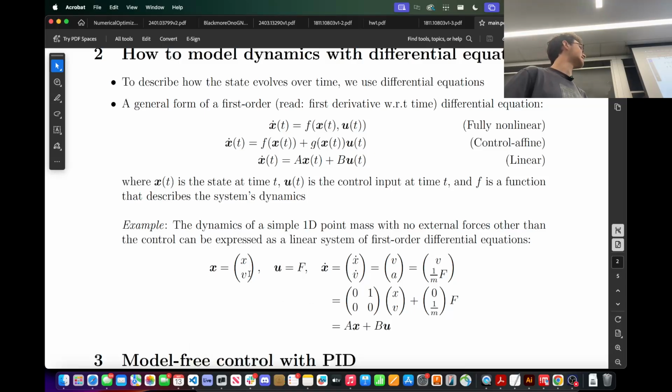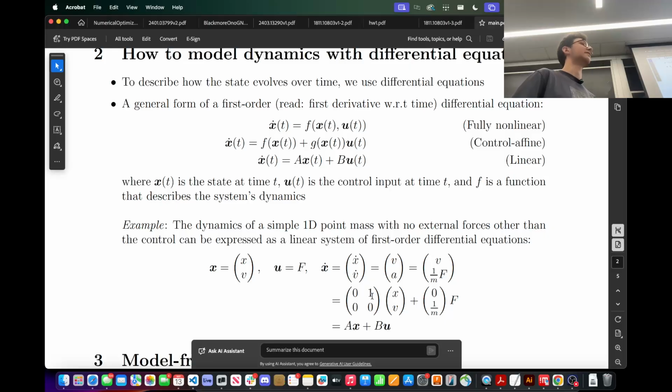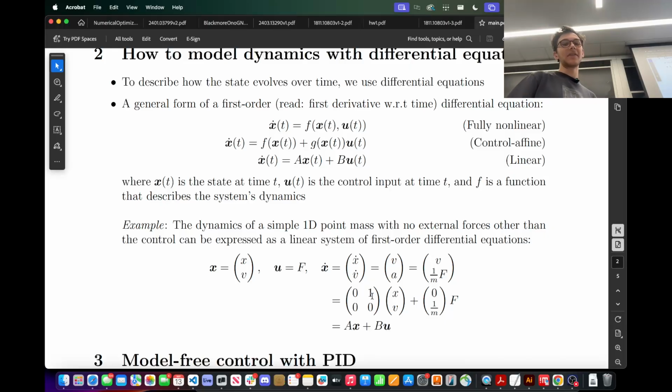Because the first thing is x, and so x dot is just v, right? V is in the state. And then v dot is just 1 over m times the force. So this is just a rewriting of F equals ma in what's called linear state space form. And so you'll see this kind of thing pretty frequently.